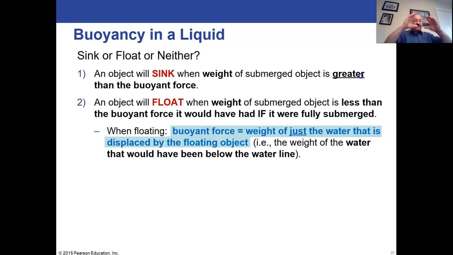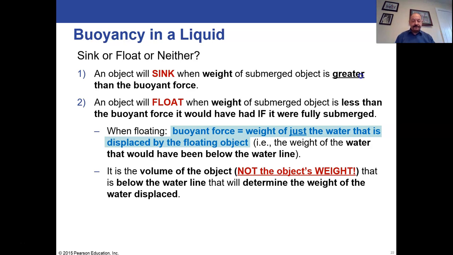So if an object is kind of halfway in the water, you only look at half of that volume below the water, and it's that water weight that you're concerned with. It's the weight of the water that would have been there. The weight of the water that would have been there is the buoyant force. That might be the best way to say that.